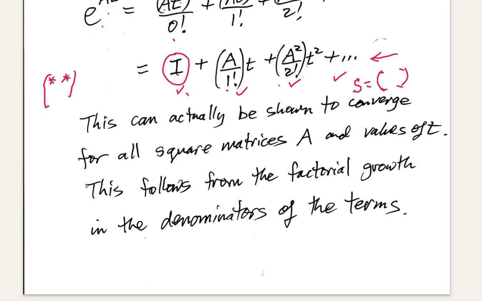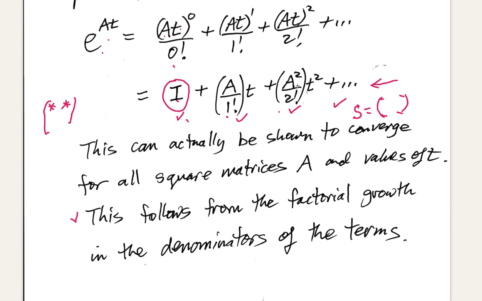The reason why this happens, by the way, is that although the terms might be growing exponentially in the various entries of the matrices making up all the terms of my series here, they might be growing pretty fast. But remember, just like in Calc 2, I've got this powerful factorial growth in the denominator. And that crushes the entries in the powers of A. It crushes them down quickly.